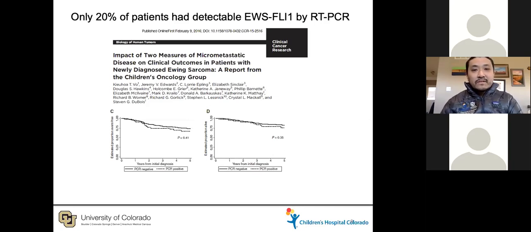Unfortunately, this was a negative study, and only 20% of the patients had detectable EWS-FLI1. As you can see from that survival curve, whether you were able to detect EWS-FLI1 or not by this RT-PCR really was not predictive of anything.